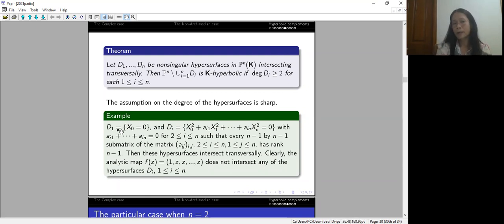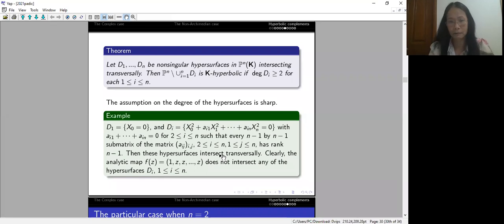We take D1 to be a line, and the Di are quadrics. Then we can find a map from K into Pn omitting the n hypersurfaces, but not constant at all.